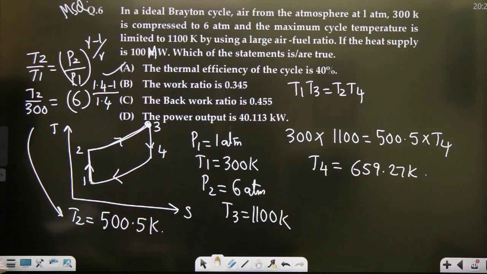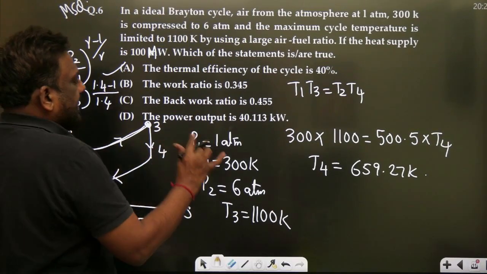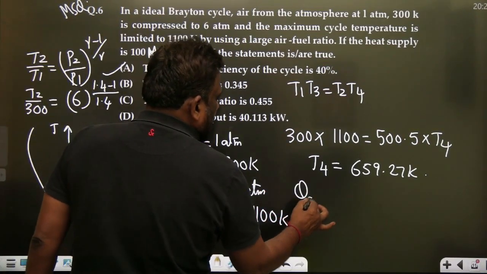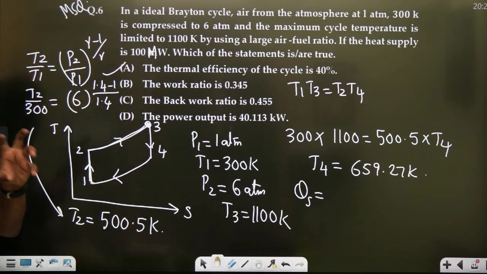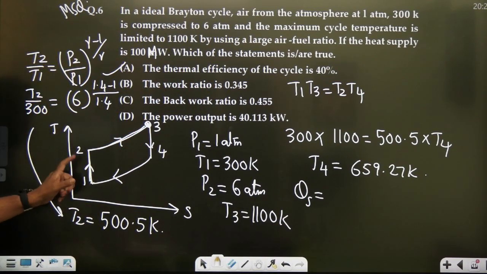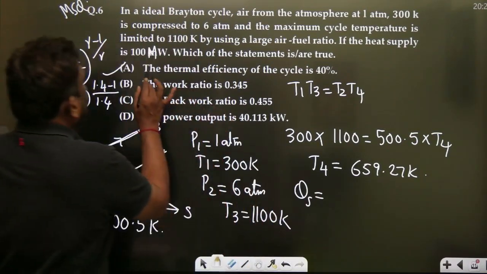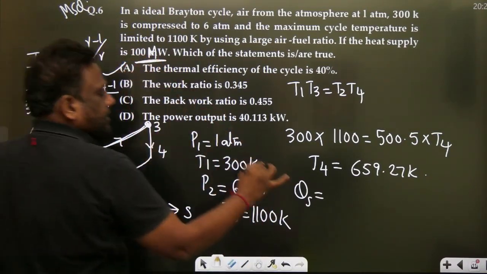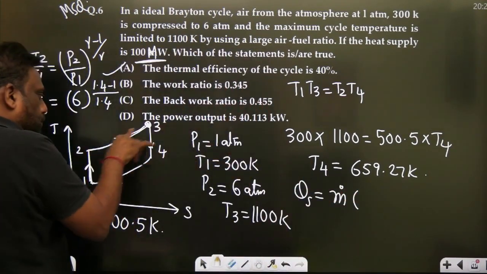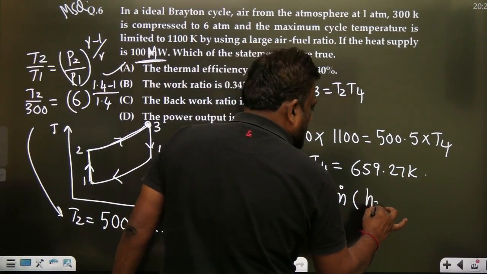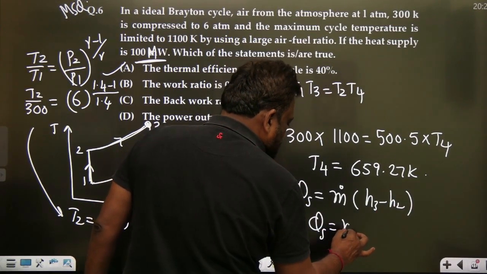So once this is known, let's try to find out the mass flow rate, because the heat supplied, where is heat supply taking place? From 2 to 3. So if I apply the steady flow energy equation, it will be H3 minus H2, but it is given in megawatt. So the heat supplied is mass flow rate into H3 minus H2, and the working fluid is an ideal gas.